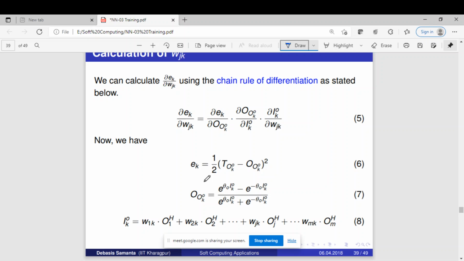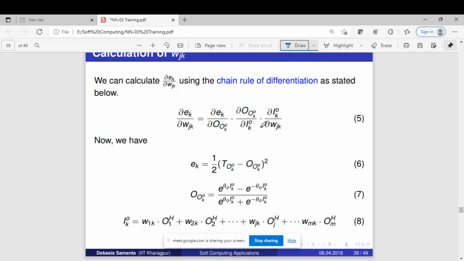So if you recall the last class lecture, if you want to calculate the error, if you want to differentiate the error with respect to any of the weights in the W matrix, then this will be the equation.